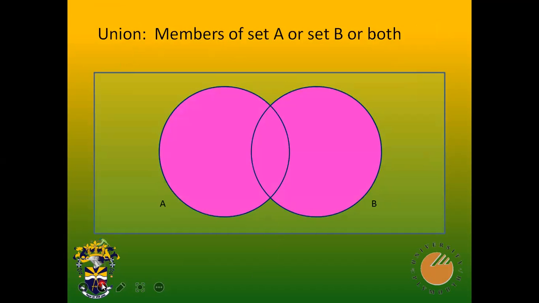That means there are three regions. The first region is the A part without B, then the common region, and the third part is the B part without A. The sum of all three parts can be denoted by A union B.